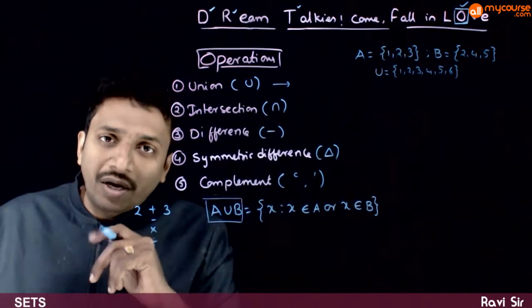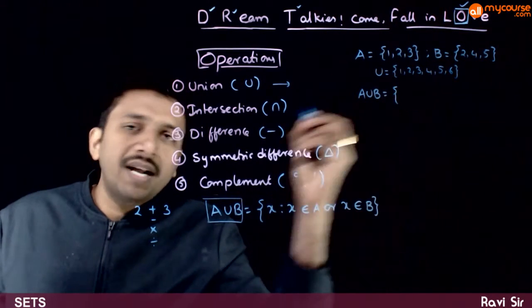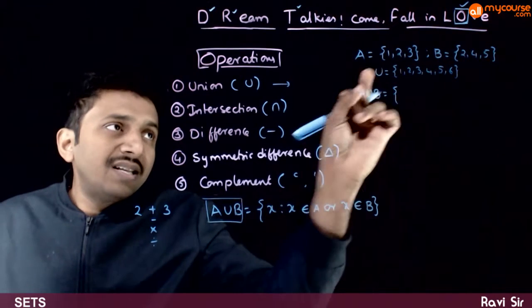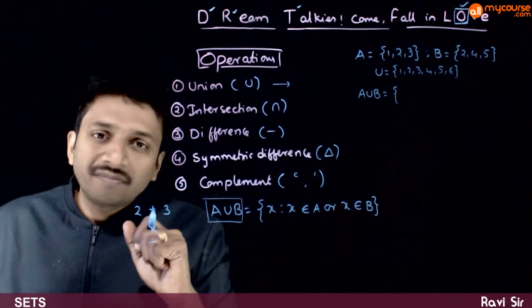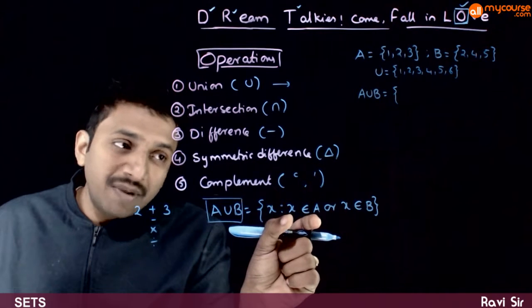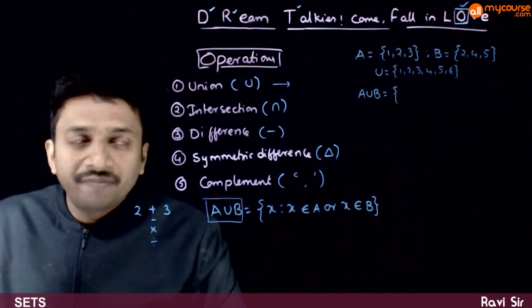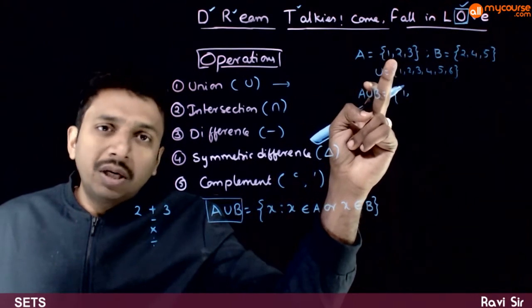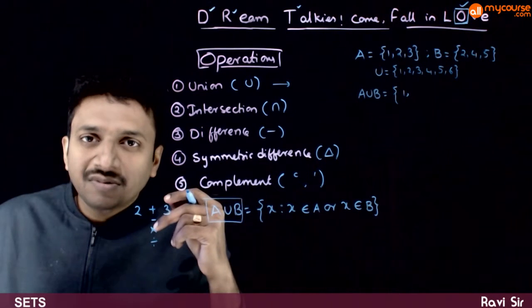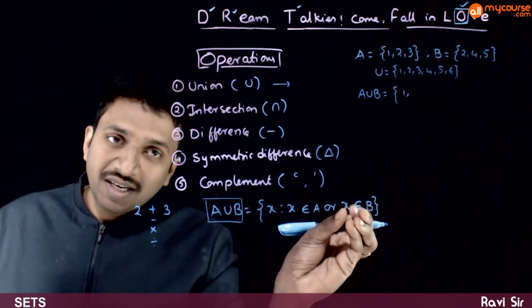So let us see what A union B is for these sets. A union B is equal to the set containing, now let us take the element 1. Element 1 belongs to A, right? So if the element belongs to A or B, then the element belongs to A union B. So 1 belongs to A union B. Let us take 2. 2 belongs to A as well as B. So it might belong to one set or the other or both.